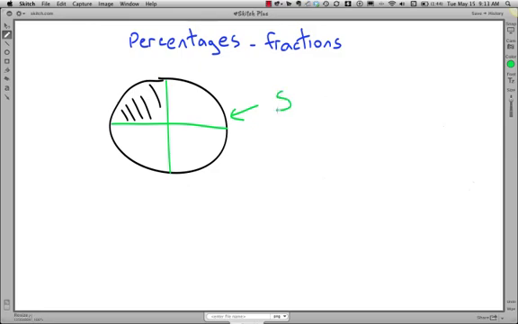Let's say the total here is worth $16. So that's the whole amount. And because we've split this into 4, that means each part, or each quarter, must be worth $4. And in this case, we're looking at 1 quarter.